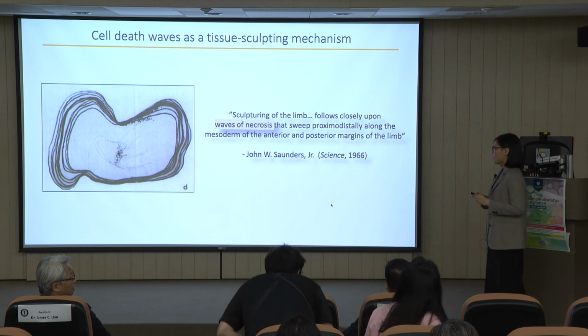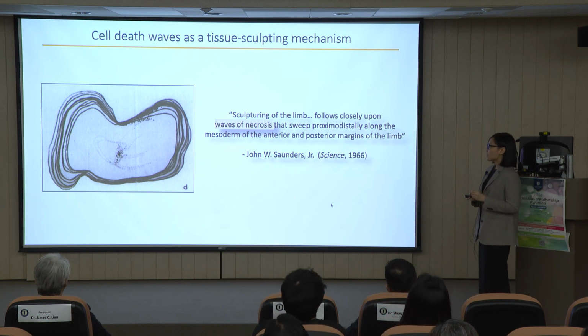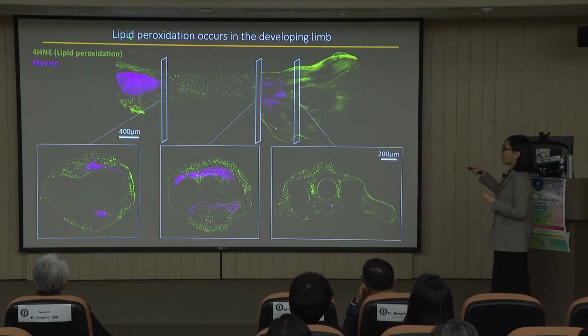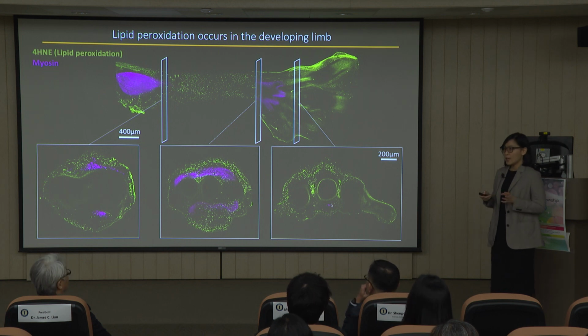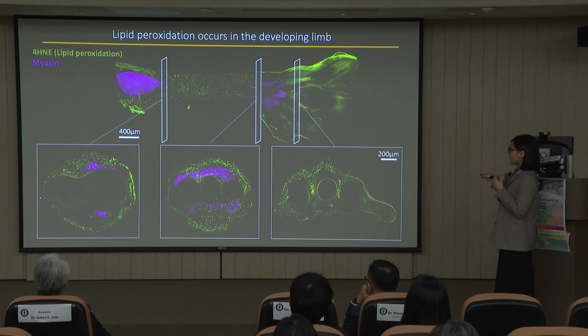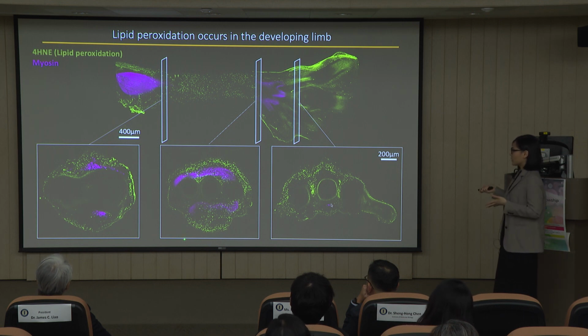And what I found is that lipid peroxidation, a hallmark of ferroptosis, is actually widespread in the developing limb. So here, lipid peroxidation shown in green is actually very abundant at this central region of the limb. And at the transverse section, you will see lipid peroxidation happening at the outer layer and extends to the inner layers and overlaps with the muscle cells.